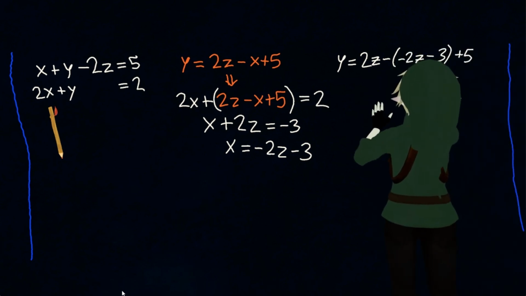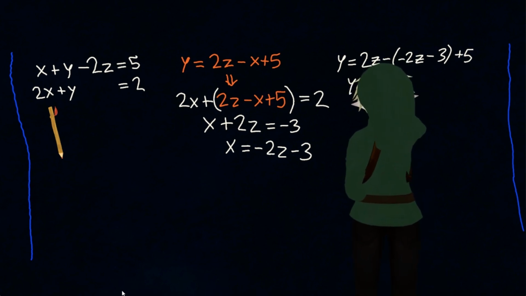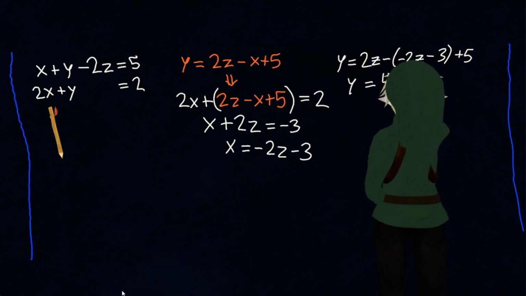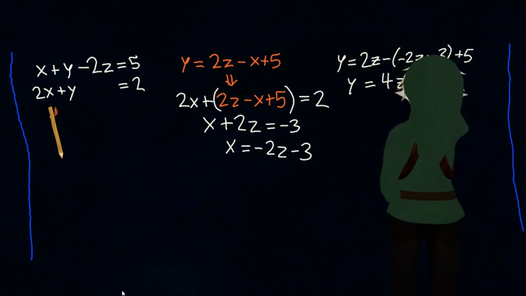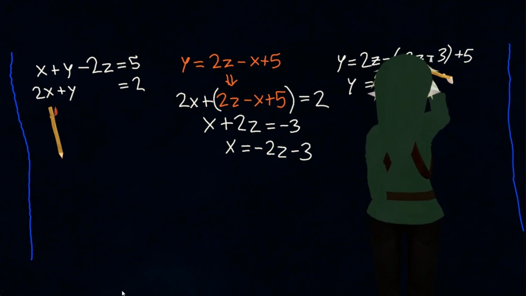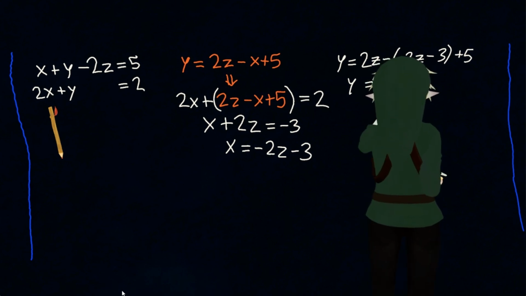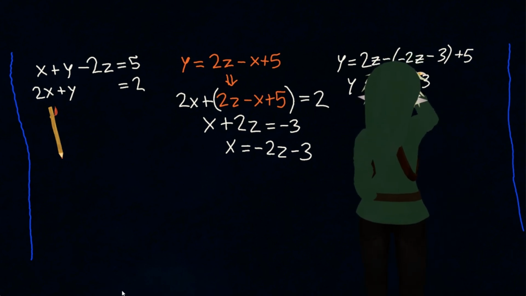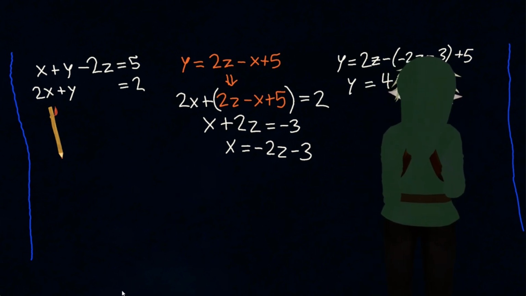Okay. And then we simplify this, right? y is equal to, let's see, this is 4z. And then this is plus 3. Again, that negative distributes, so it makes it positive, so don't forget about that. Okay, so the negative cancels it out.